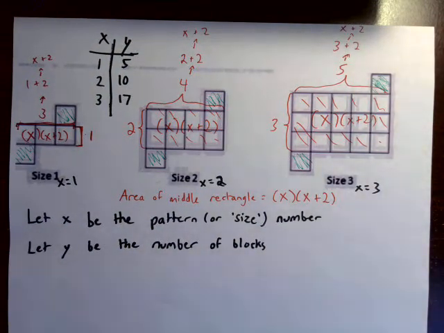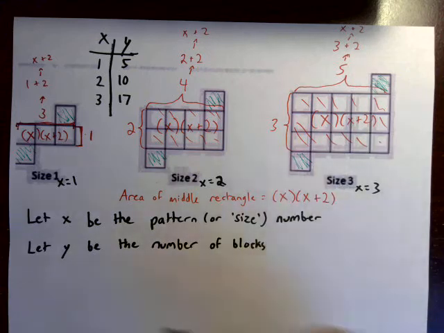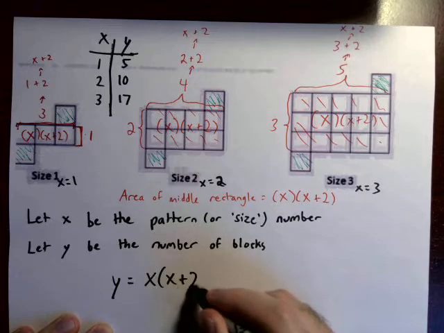So then in terms of creating an equation, I think we're pretty well there, because we know the equation that represents the area of these middle rectangles. So we know that that's going to be x times x plus 2.